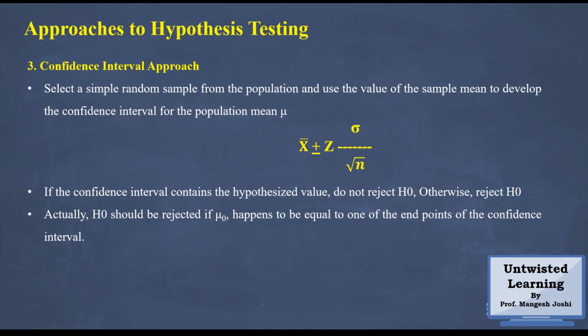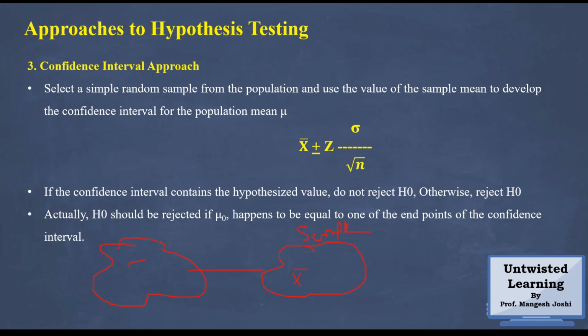The third approach is the confidence interval approach. The steps are: select a sample from the population and use the value of the sample mean to develop the confidence interval for the population mean. For example, you have this population, you select some sample from it, then you calculate the x bar for this sample.